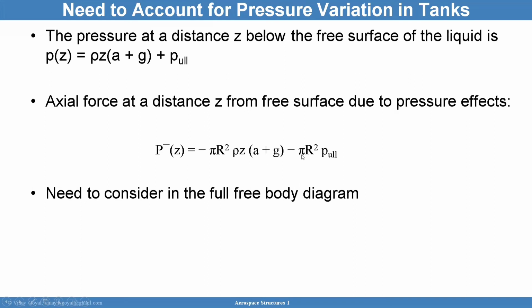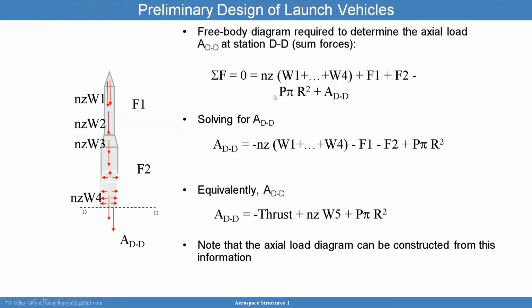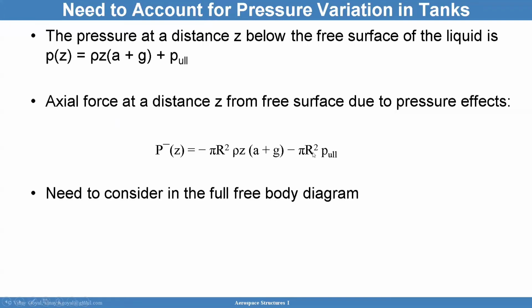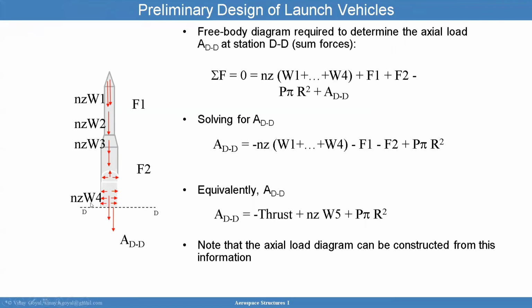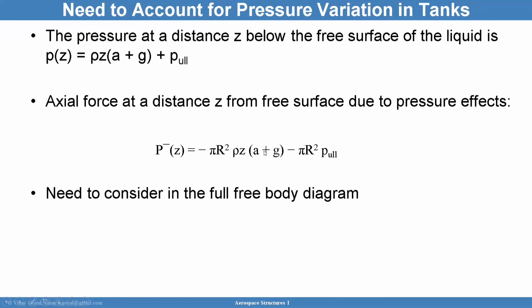So now not only have the minus p pi r squared, which is this term, now you have to add the additional effects from going deeper from the free surface down. And so if I do a cut down here, now I have this z here, this distance, and now I have to account for this acceleration here, a.